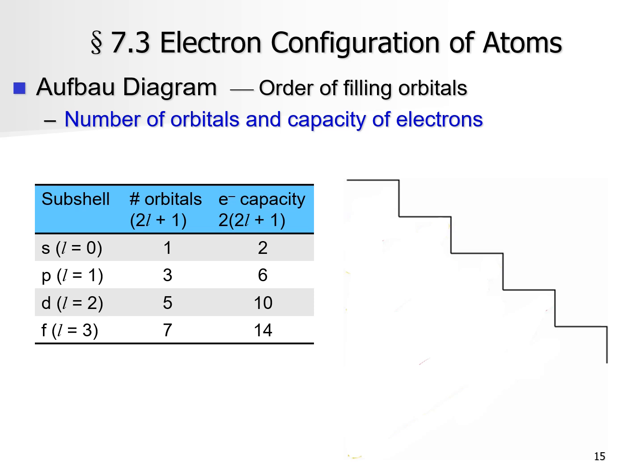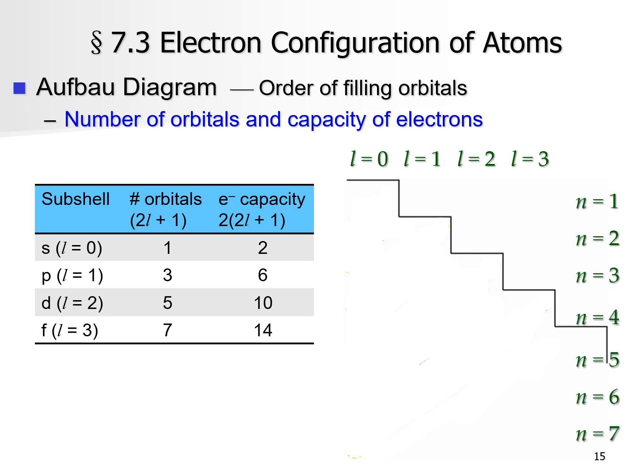Because we're going to set up the x-axis, the horizontal one, with various values of l. So the leftmost will be 0, next 1, followed by 2 and 3 for each column. For the rows, that would be the n value from top down, n equals 1 all the way down to n equals 7.